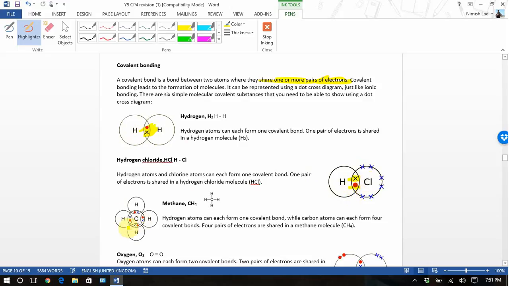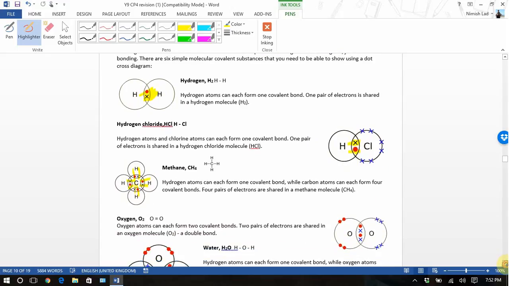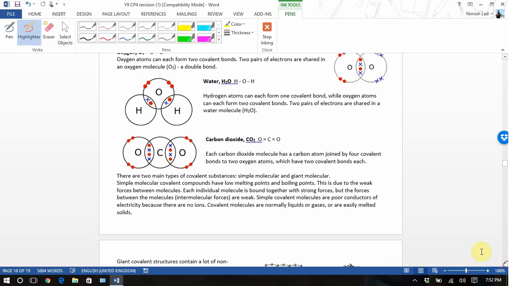Here's a trickier one. So methane, well, the carbon has 4 and it wants 4 more, so it shares 1 with every hydrogen. So each hydrogen gives 1 to it, therefore each hydrogen now has 2, but the carbon has 8 altogether. Similarly, oxygen has 6 in its outer shell, so it needs 2.